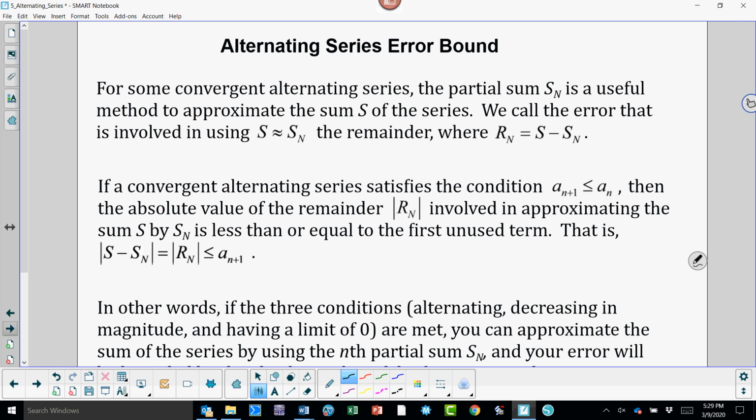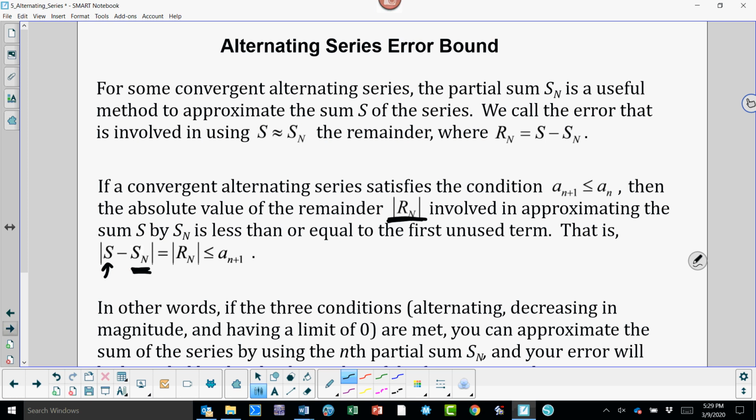So if we know that all the criteria are met and that it converges, then we know that the remainder is what I get when I subtract the sum that I used to estimate from the actual sum. Say I add up 7 terms and subtract that from the actual sum, which I probably don't know.